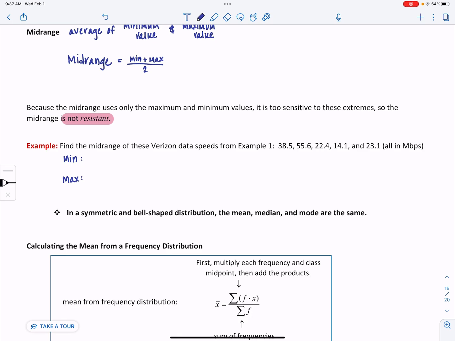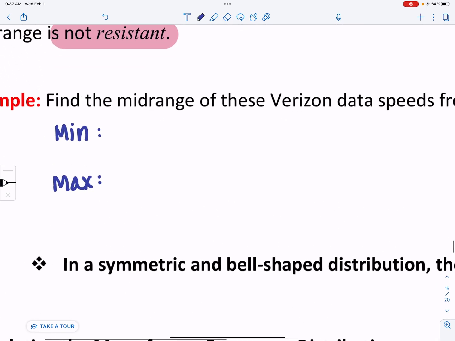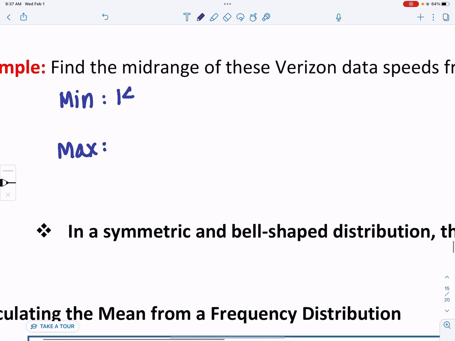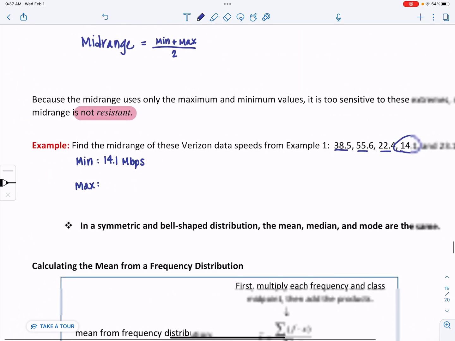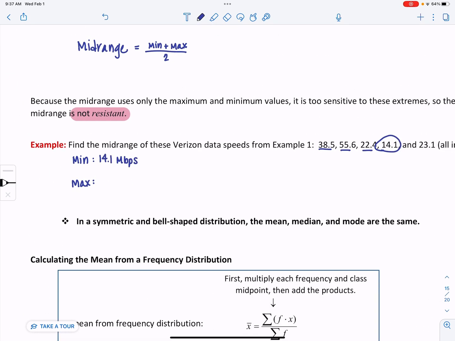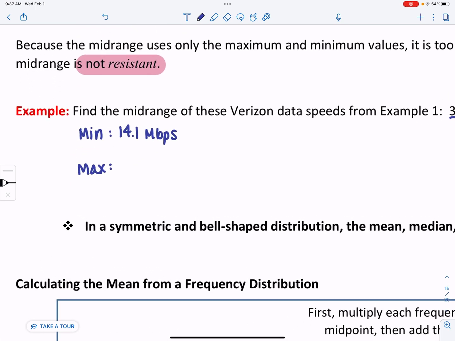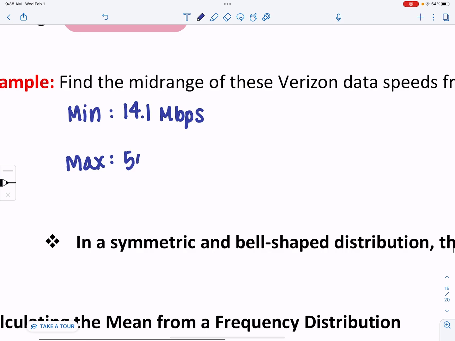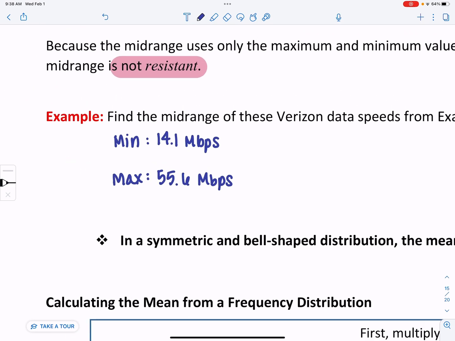It looks like my smallest data value is 14.1 megabytes per second. It looks like my maximum data value will be 55.6 megabytes per second.